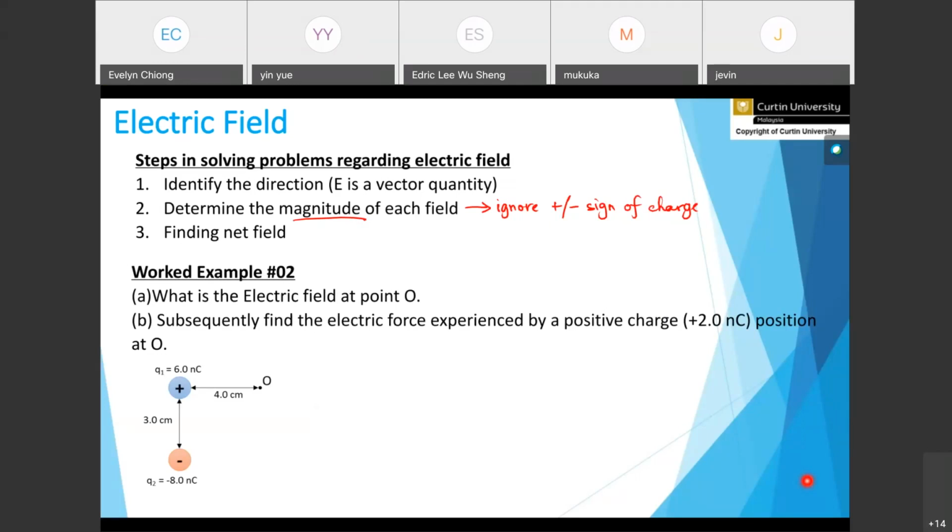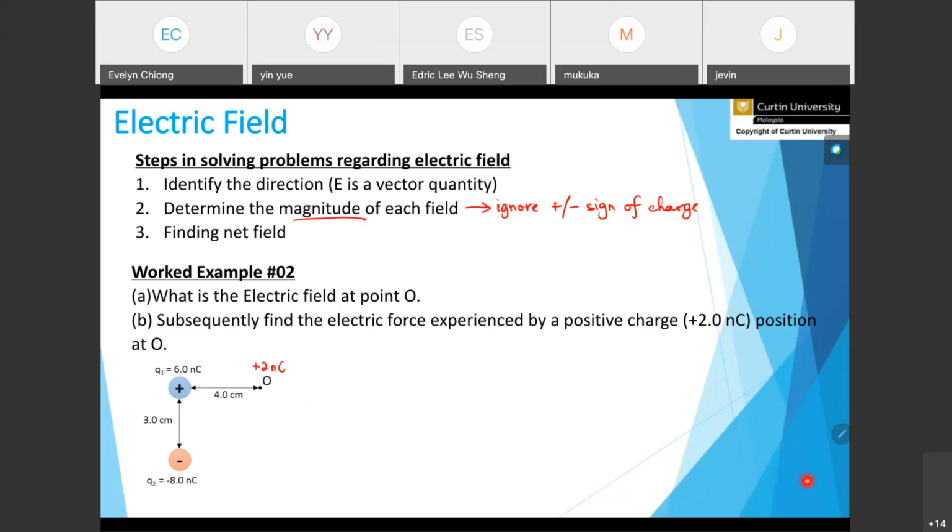Just now in the first word example, we have already calculated electric force. So now in this case, we are calculating from electric field, then we calculate electric force, and we check whether the answer is going to be the same. There is a positive charge, a positive 2 nanocoulomb, positioned at O.